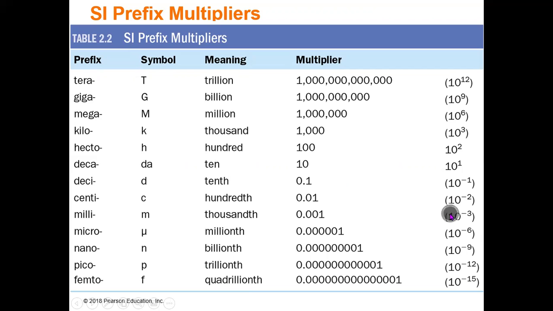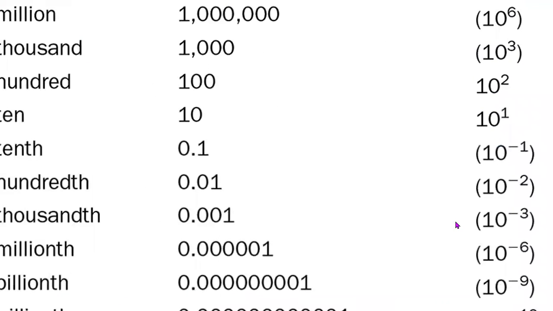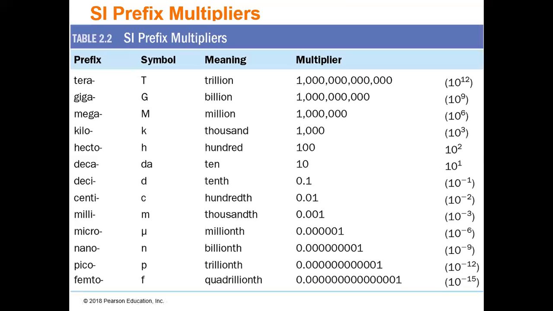So we saw one example we said before, I said 1 meter equals 100 centimeters. So this prefix here, centi.